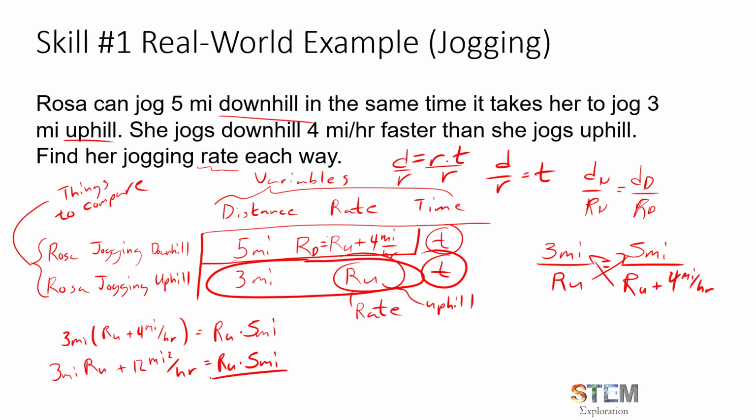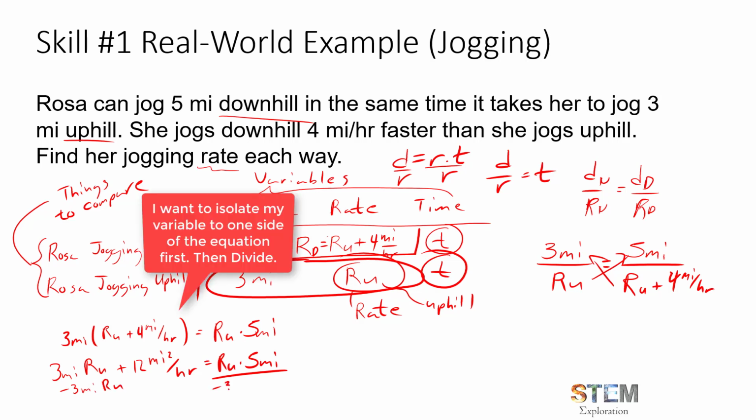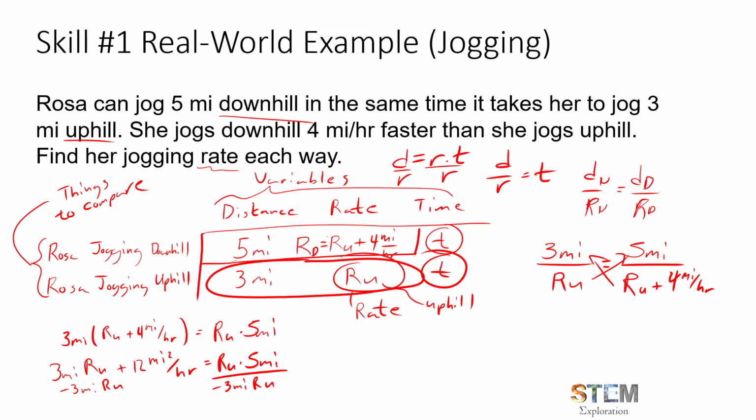RU is. So what I'm going to do is subtract 3 miles RU minus 3 miles RU. Okay, all the units are the same. So what this is going to give me is 12 miles squared over hours equals RU over 2 miles.